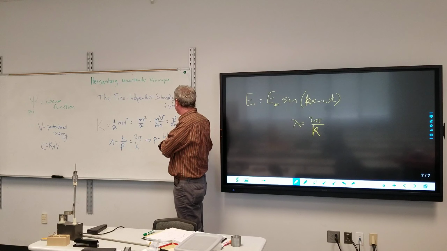Which can also be written as h bar squared k squared over 2m. That's again, h over 2 pi is equal to h bar.